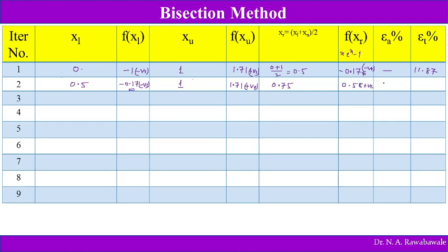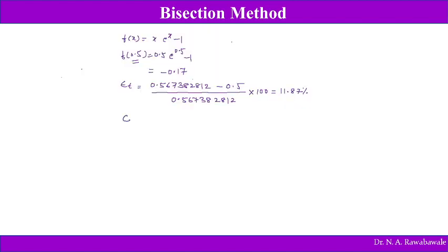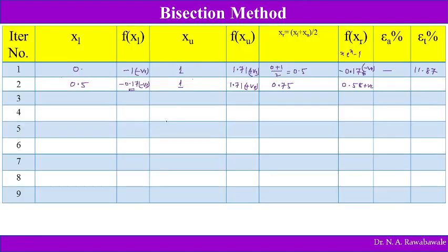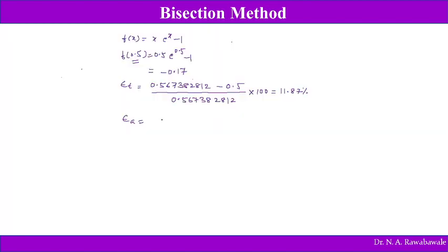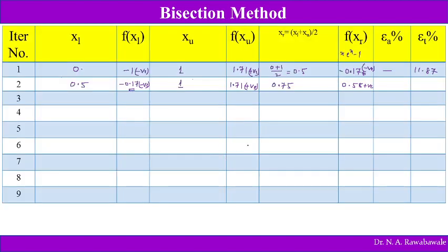Now we want to find the approximate error: previous approximation 0.5, new approximation 0.75, so 0.75 minus 0.5 divided by 0.75 into 100 gives us an approximate error of 33.3%.